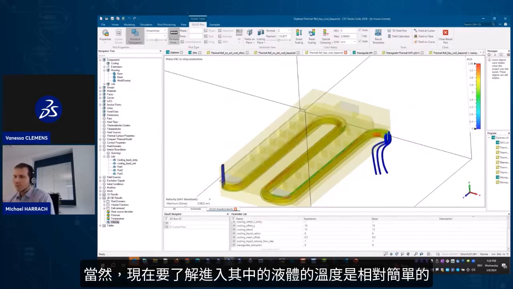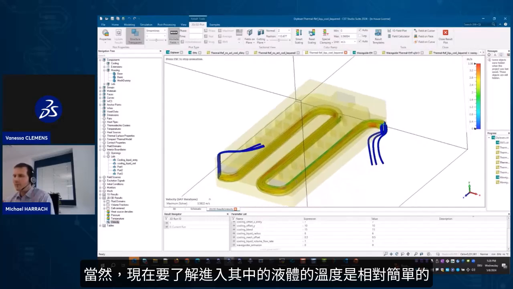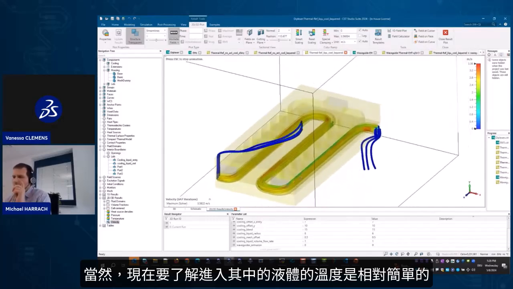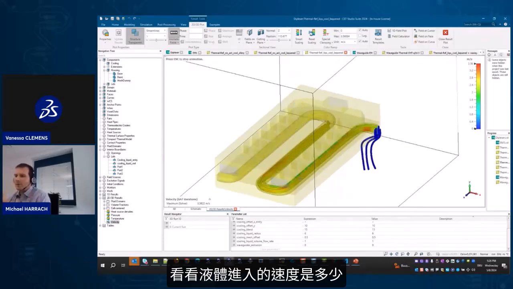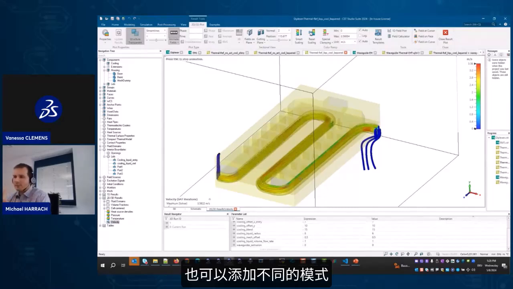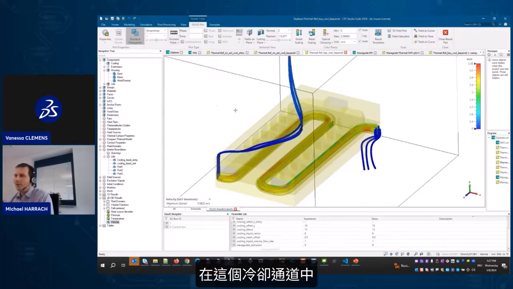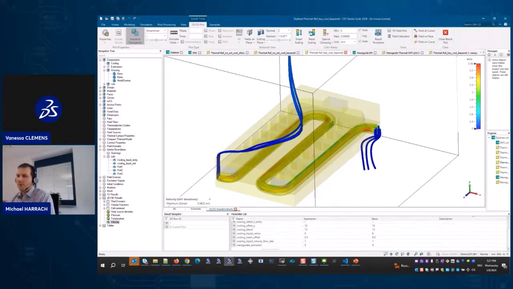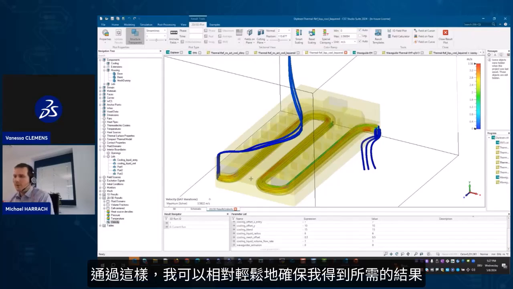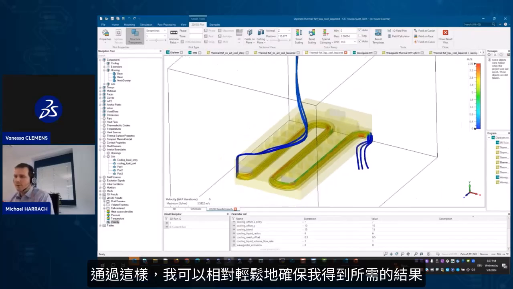And of course, it would be relatively simple to now play around with what's the temperature of the liquid going in there, what is the velocity of the liquid going in there, adding different pattern maybe in this cooling channel here. And with this, I can relatively easily make sure I get the results that I need.